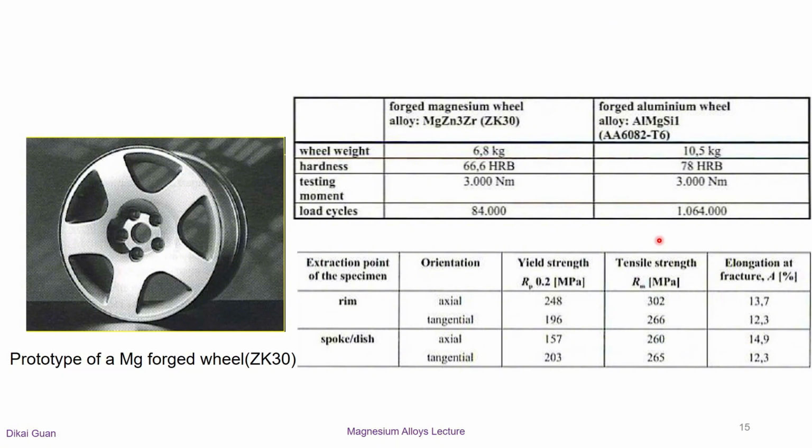In addition, the bottom table also shows the properties of the samples collected from different positions of the wheels are quite different, which needs to be addressed to extend magnesium application in the car wheels industry.